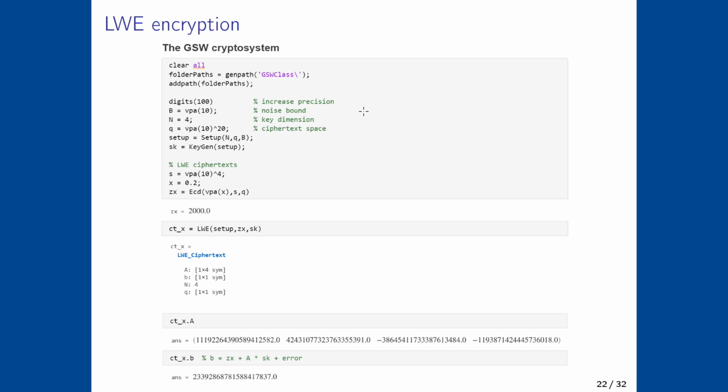The first thing is LWE encryption, so that with the MATLAB code you can see how it really encrypts a number using the LWE type encryption. Here I am testing with the message 0.2. And then I have chosen the scale factor as 10,000, so that after the scaling, the message is turned into an integer, so that I can encrypt this number using LWE type encryption. It results in an n-dimensional vector, where the parameter n is chosen as 4, so that n plus 1 is equal to 5.